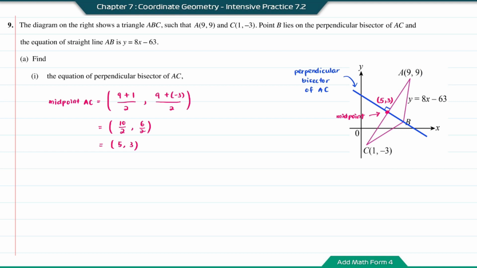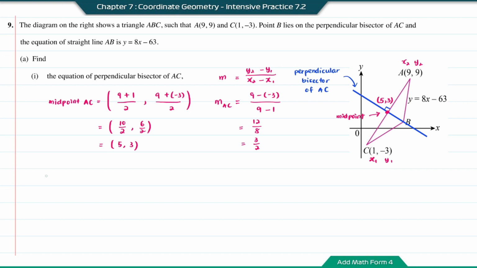To find the equation of the perpendicular bisector, we still need to find its gradient. So first we want to find the gradient of AC. The gradient of AC will be 9 minus negative 3 over 9 minus 1. This is equal to 12 over 8. Simplify this, the answer is 3 over 2.